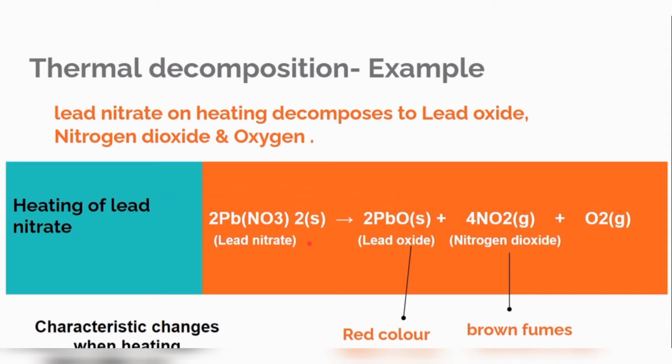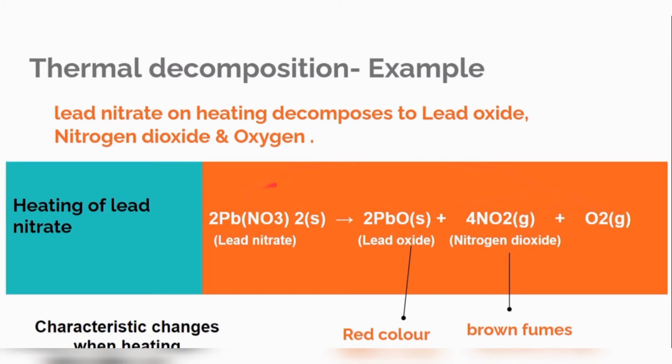On heating, it decomposes to give lead oxide, formula PbO, which is red in color, and nitrogen dioxide, which produces brown fumes, and also it gives oxygen gas. So lead nitrate on heating forms three products: lead oxide, nitrogen dioxide, and oxygen gas.